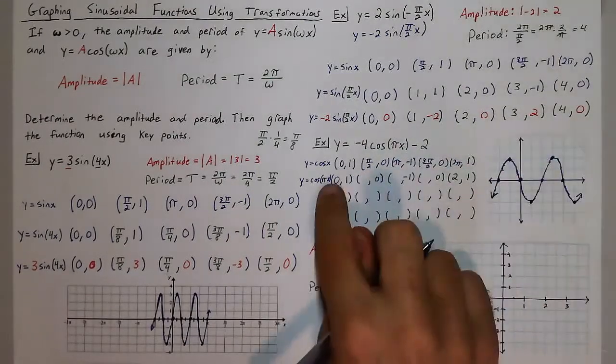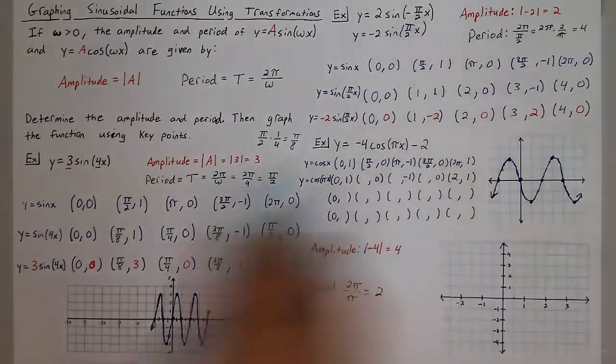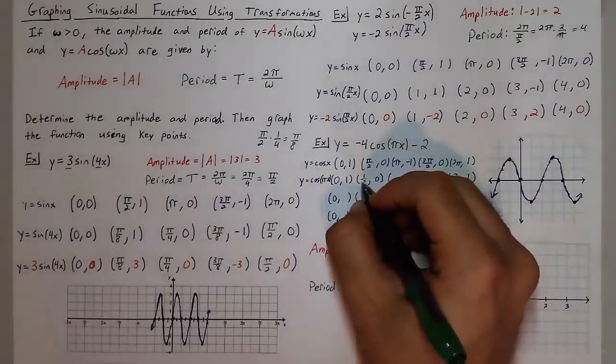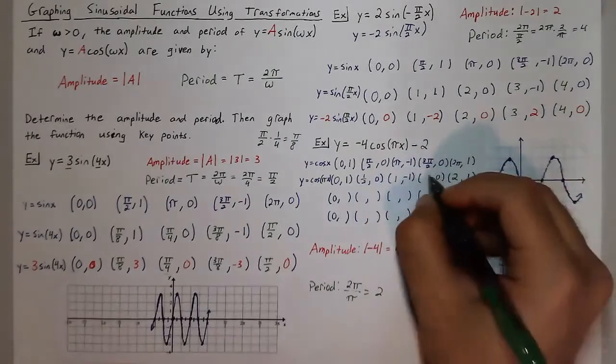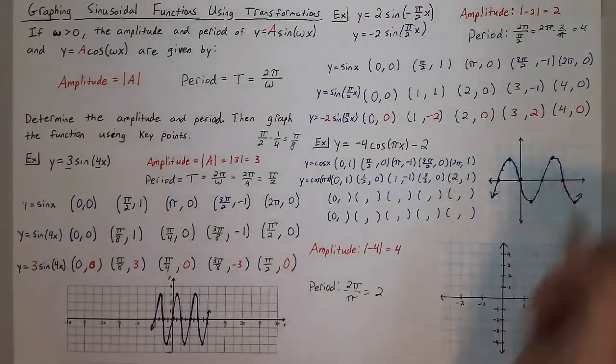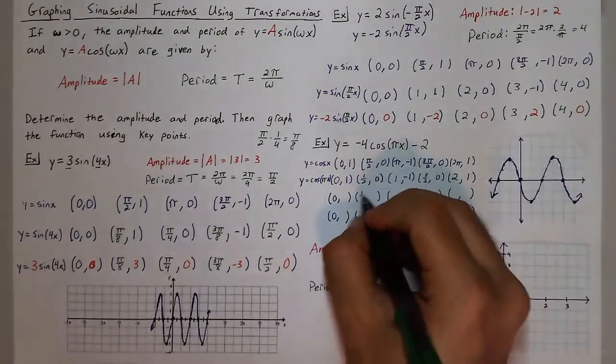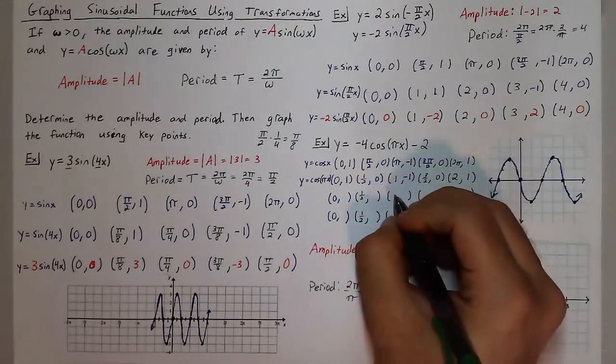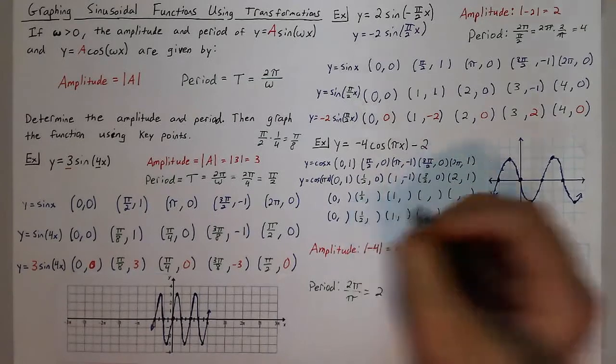But now I know my period goes from 0 to 2, so divide that up into 4 evenly. That would be 1/2, 1, 3/2, and then 2. And again, that should stay the same for the rest of this problem, because that's the only change I have to x is with that period.